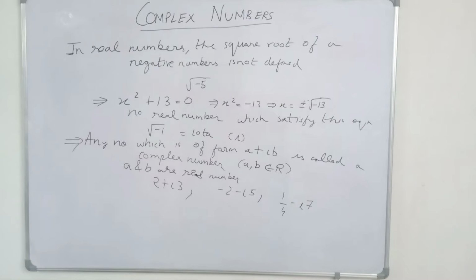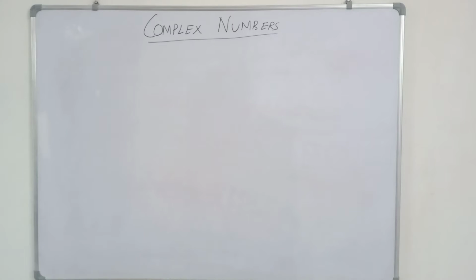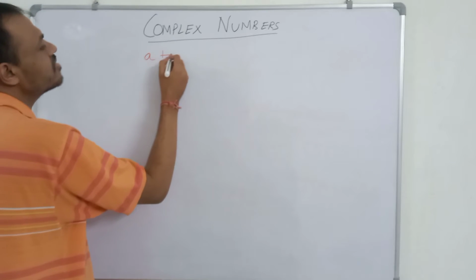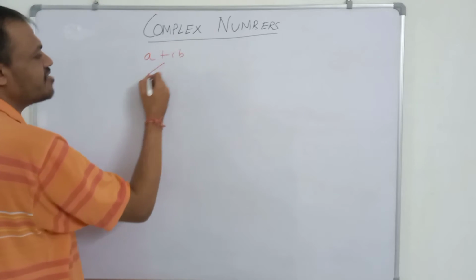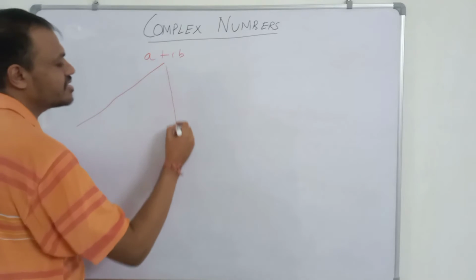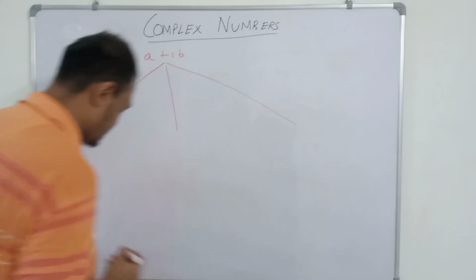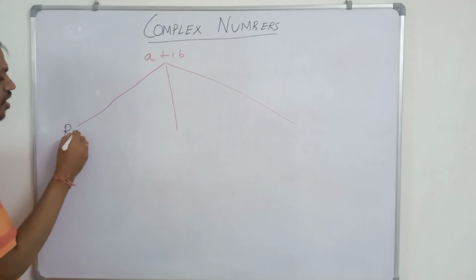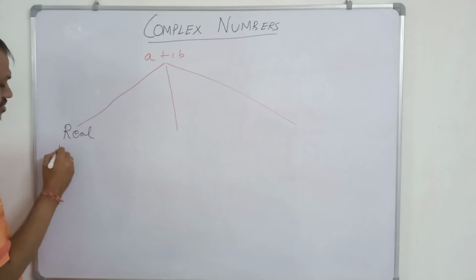So basically we can divide complex numbers into three parts. Complex numbers are of the form a plus iota b, and we can divide them into three parts. They are called real if b is 0.